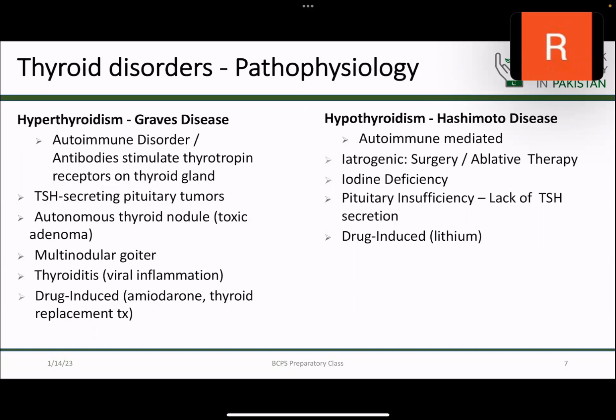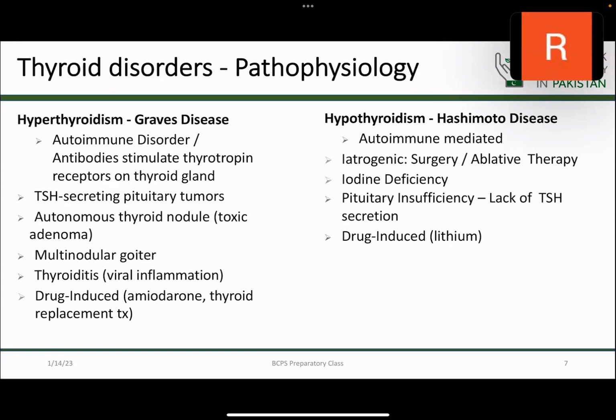We have autonomous thyroid nodules, which is also called toxic adenoma. We could have multinodular goiter, thyroiditis, or drug-induced increased secretion of thyroid hormones. So all of these could result in hyperthyroid states, but the most common one is Graves' disease, and we will discuss mostly Graves' disease here.